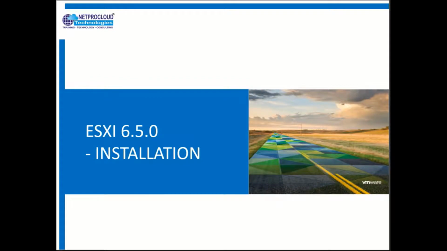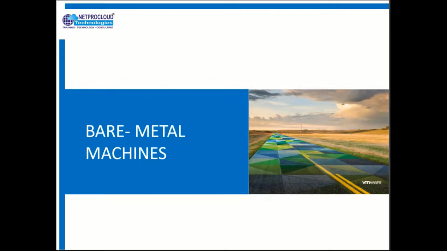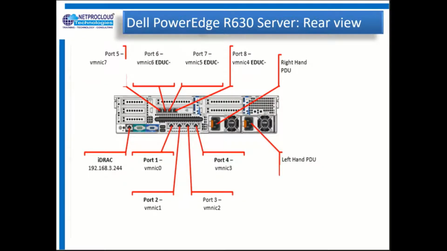So now talking about the installation. Before moving towards the installation, let us understand some basics of the bare metal machine that is used to install the ESXi host. Here we are with the Dell PowerEdge R630 server. This is the rear view. In the rear view we have a port called iDRAC.